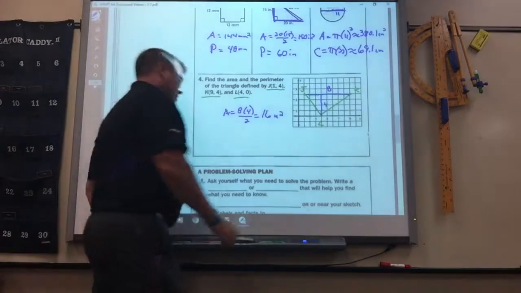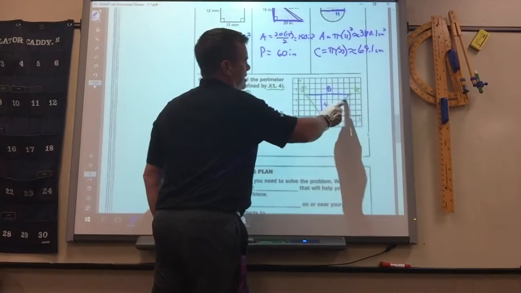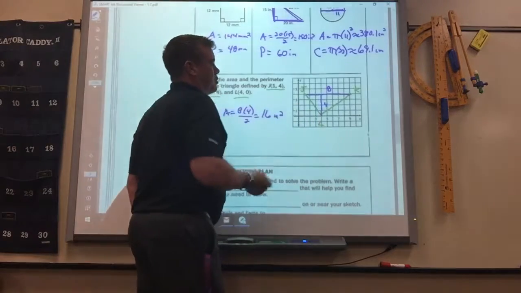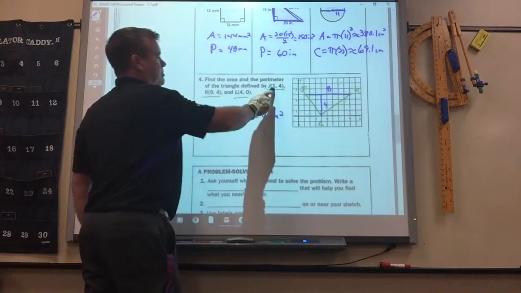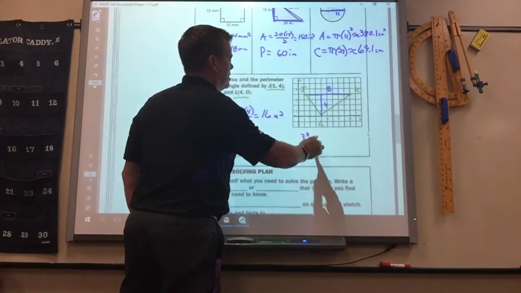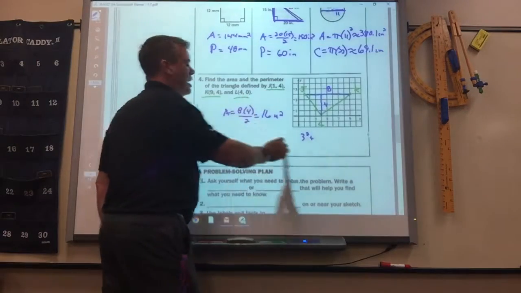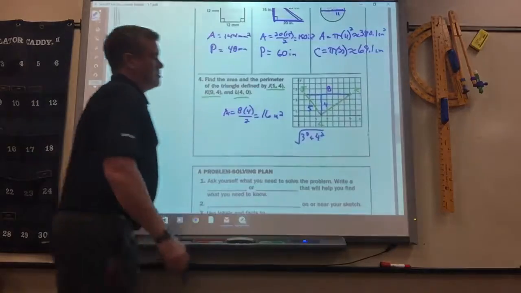The perimeter, I've got to do some figuring out. I know this is 8. I got to use the distance formula to find those two. So from J to L, x minus x, 4 minus 1 is 3 squared, plus y minus y is 4 squared. And square root it, it turns out to be 5.